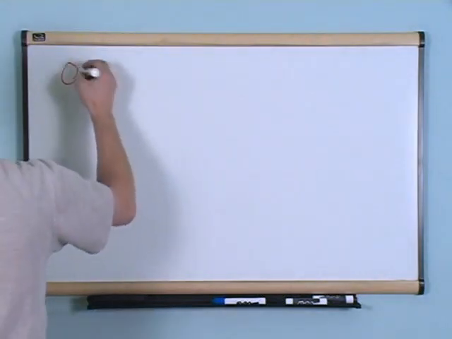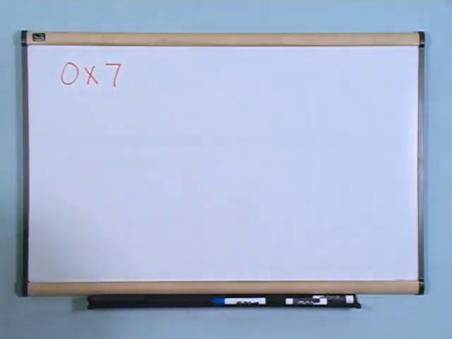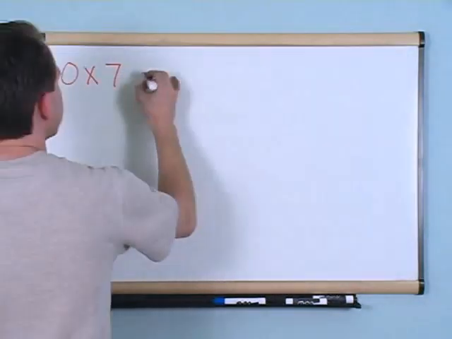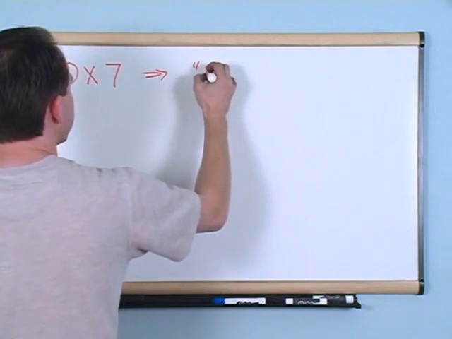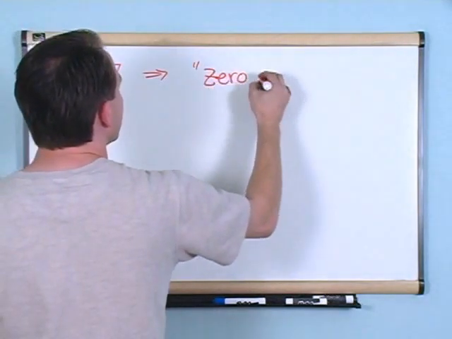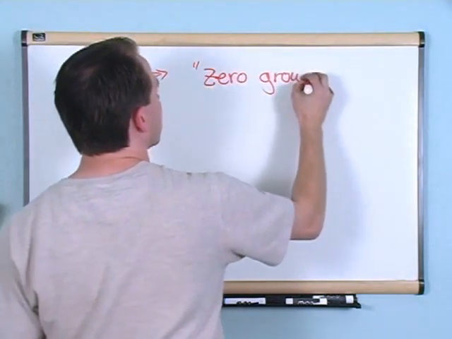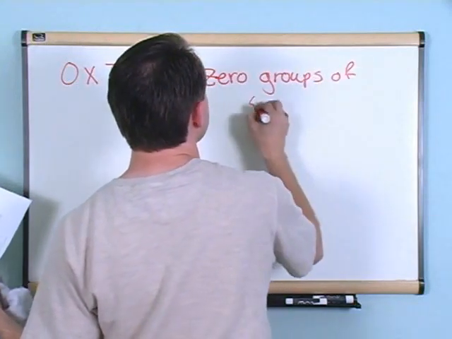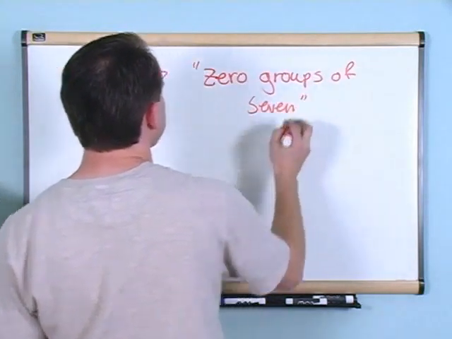Okay? Next thing I want to talk to you about is when you multiply something times 0. 0 times 7. What does this mean? This means you have 0 groups of 7. Now think about this for a second.